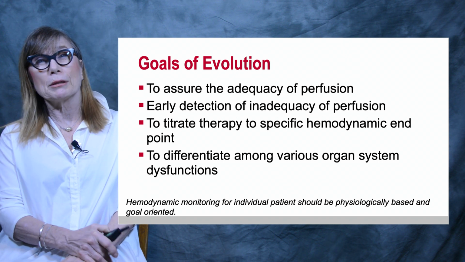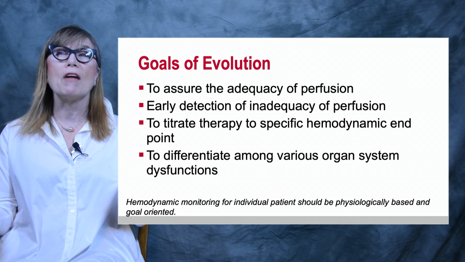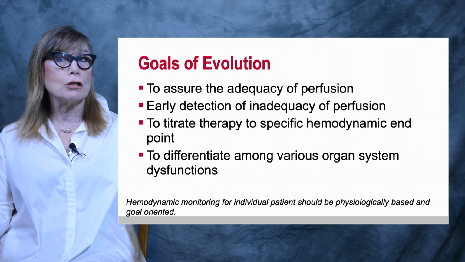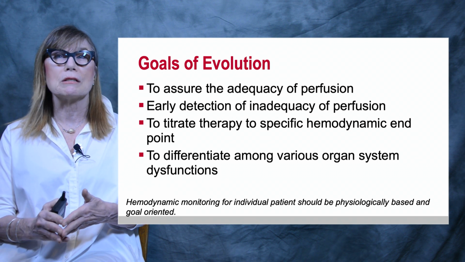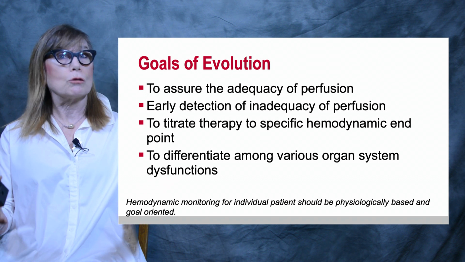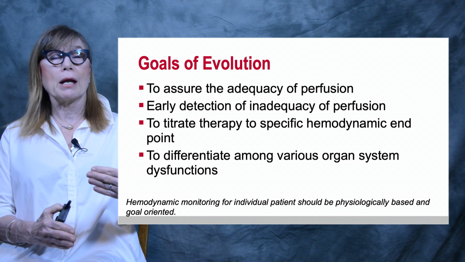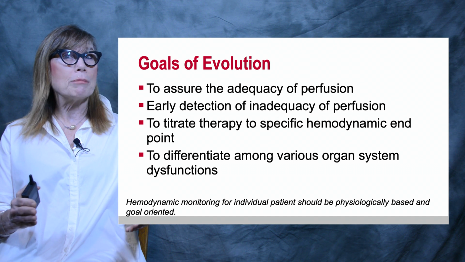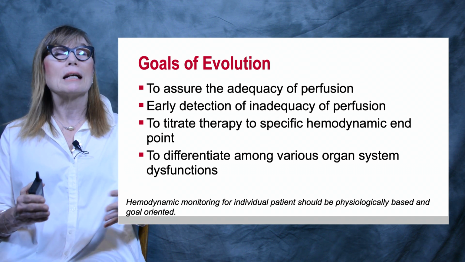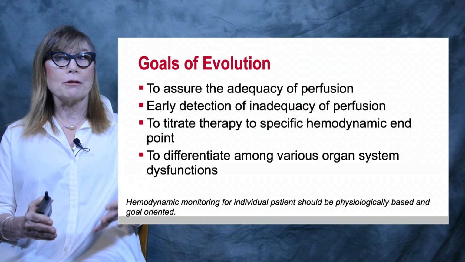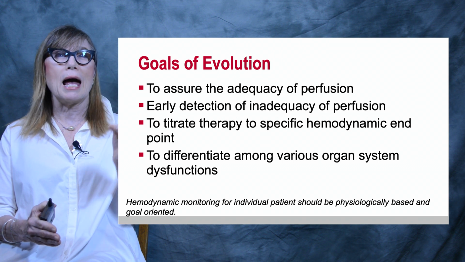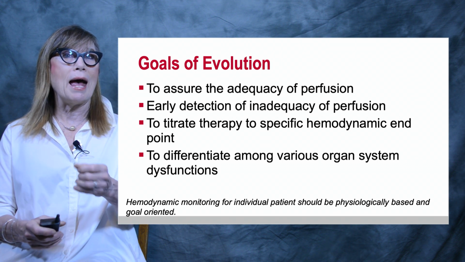And we want to be able to differentiate this among very major issues and various organ system dysfunctions. So we're going to talk a lot about hemodynamic monitoring, both in the abstract and in the reality, and consider that hemodynamic monitoring is physiologically based and always has an end goal.